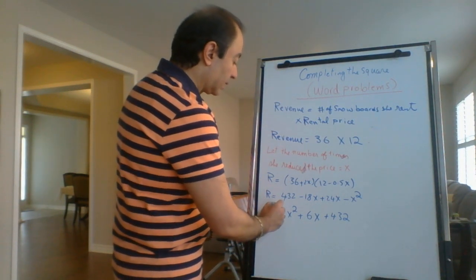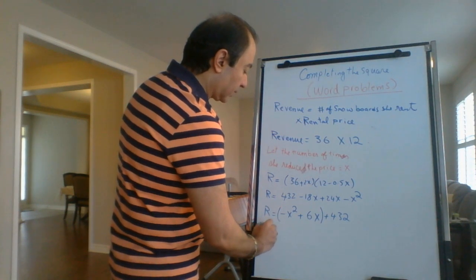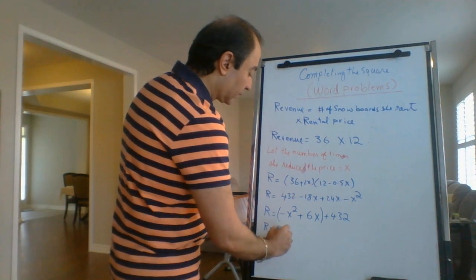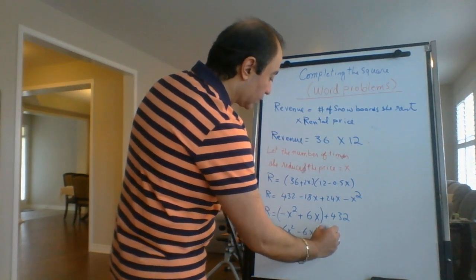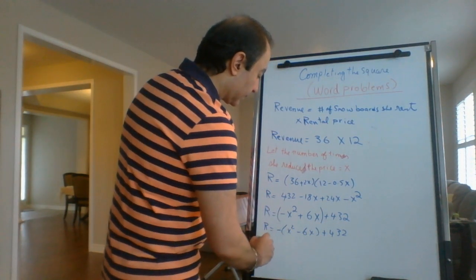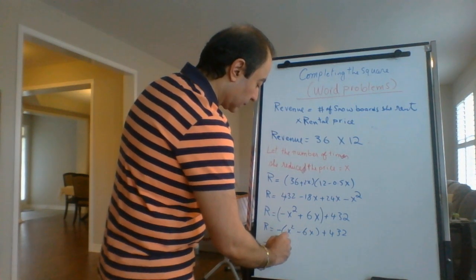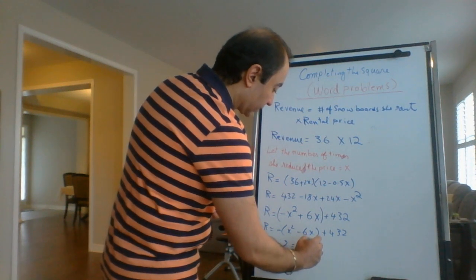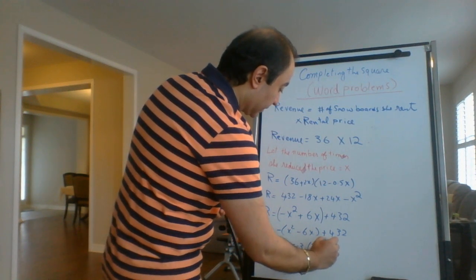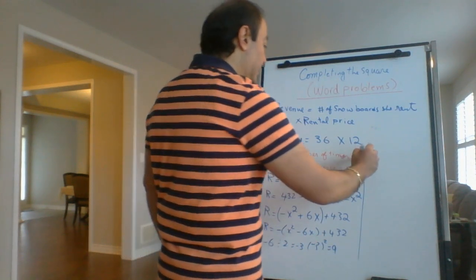I will group the first and second term. I will factor negative 1 out, so negative (x squared minus 6x) plus 432. Then I will get the number in front of the x and divide it by 2. That will be negative 3. I square it. That will be 9. So now I'm going to add and subtract 9 inside the brackets.